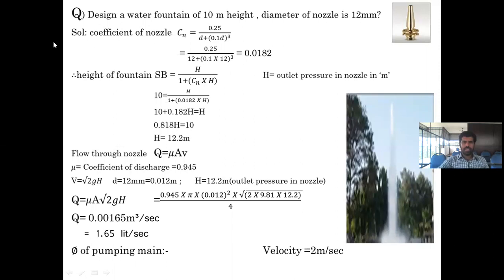The first formula we have to use is to find the coefficient of the nozzle, Cn. Cn equals 0.25 divided by d plus 0.1 into d.